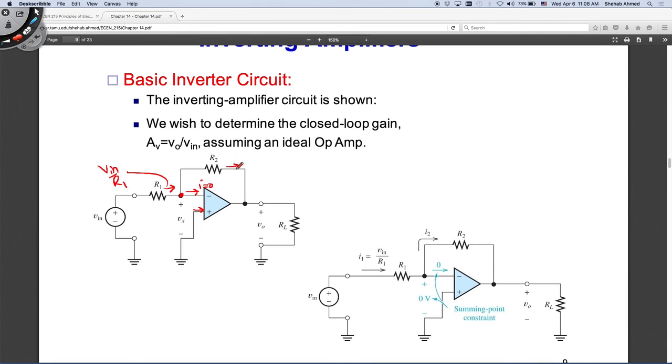Which means that this current is also V input over R1, right? But here, do you know what's coming out of here? No, that's not 0. No, that's not 0. Why would it be 0?